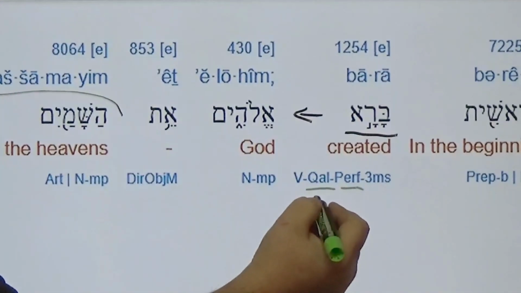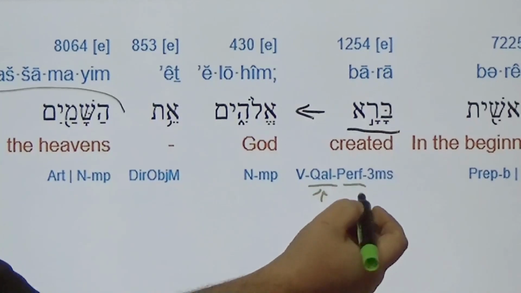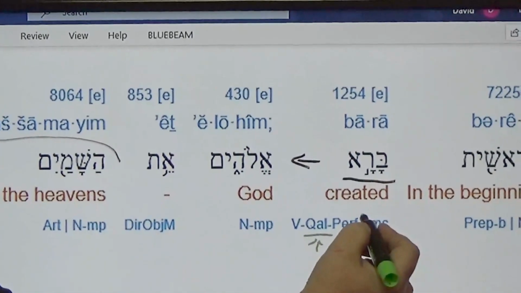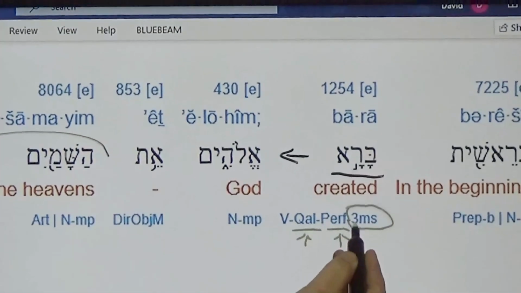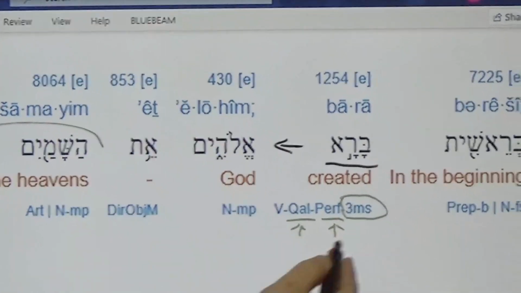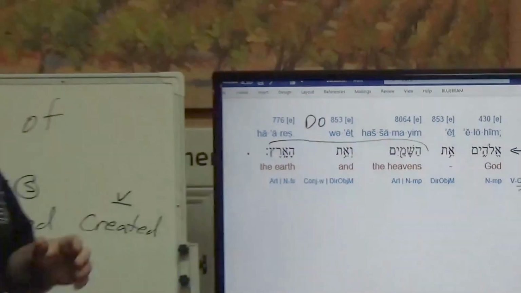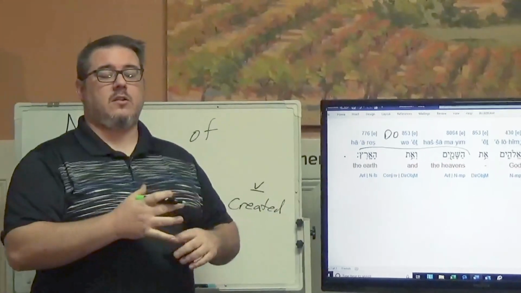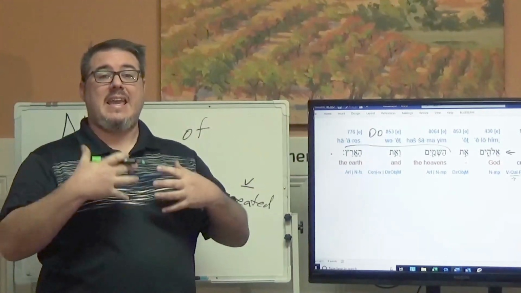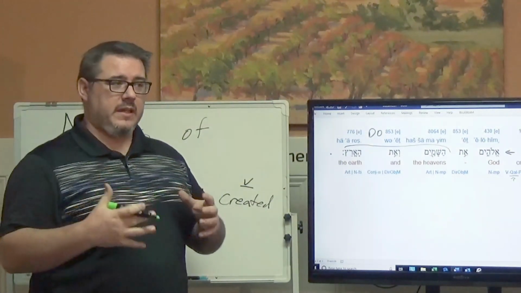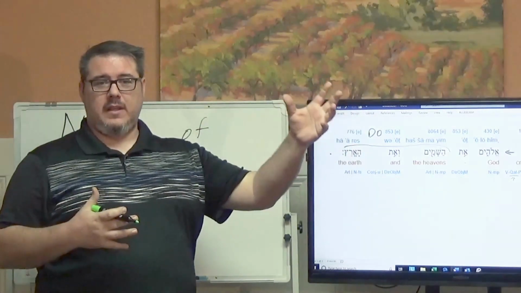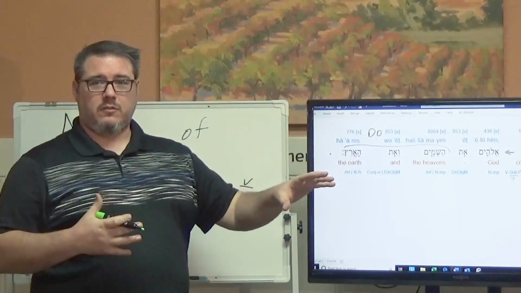Now that's the type of verb right there, and that's the tense. And then it says right there, it's third masculine singular. So it uses a third masculine singular, which would be like he created. Speaking of somebody else in the third person in the singular form.